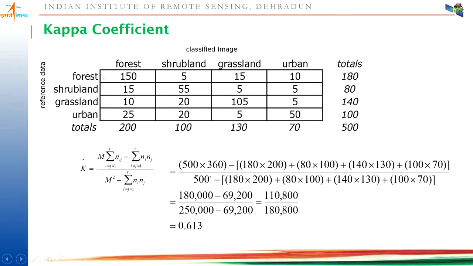Reference data is in the rows and the classified thematic class is in the columns. Here 500 is the total number of sample points that we have taken. Then we have this 360, which comes out to be this.